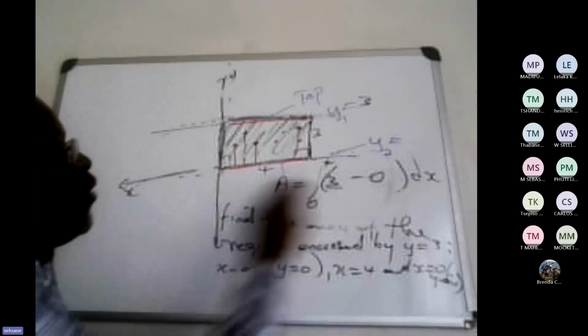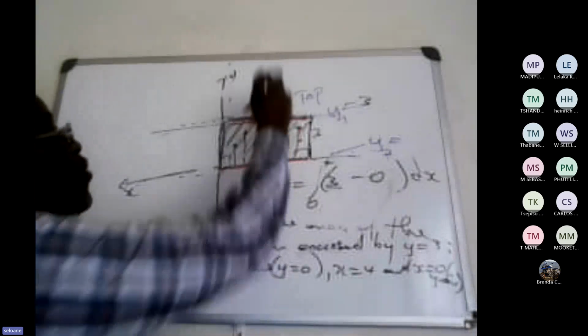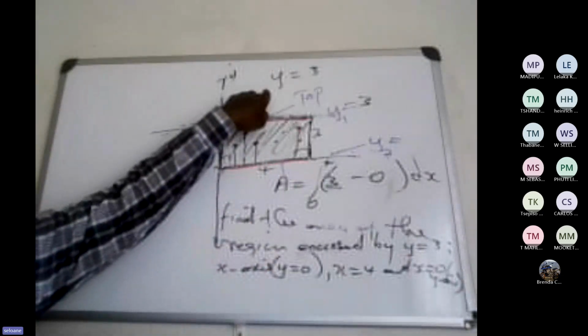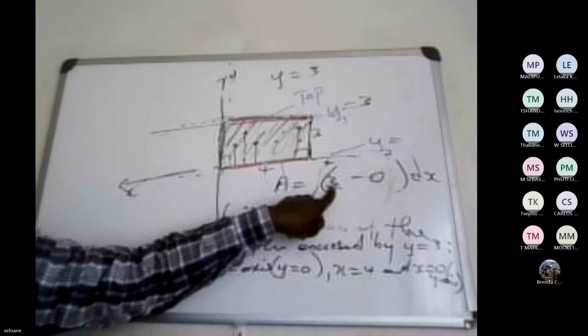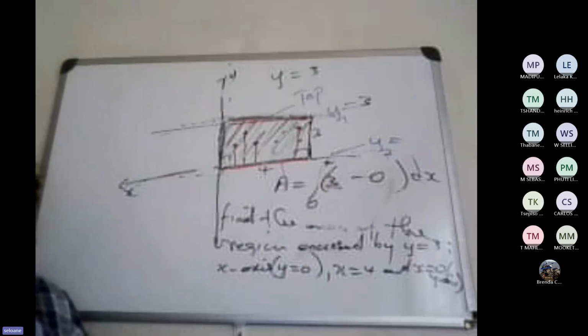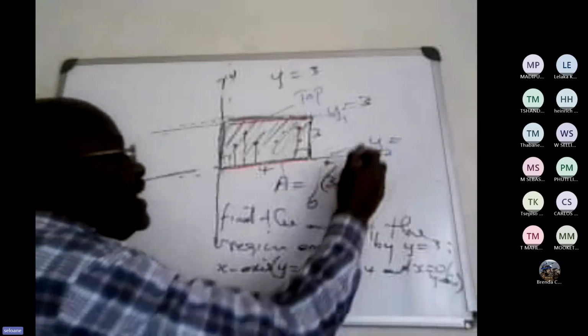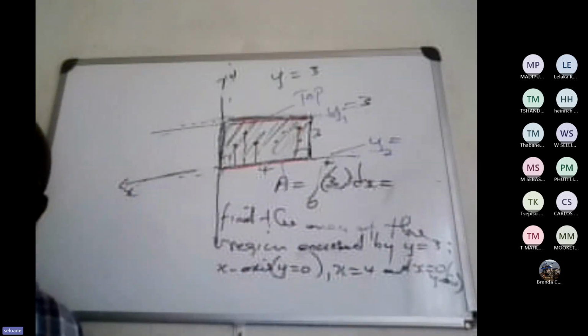We write the right side, which is y equal to 3, with y as the subject of the formula. Then you write it here, the same thing with this. From there, you then integrate this, and you will get 12.